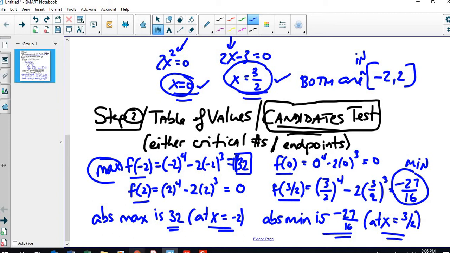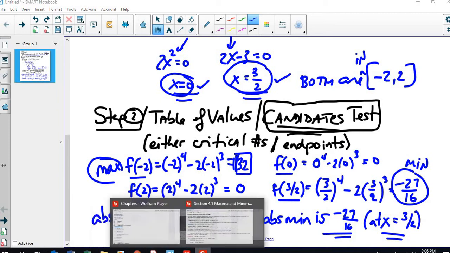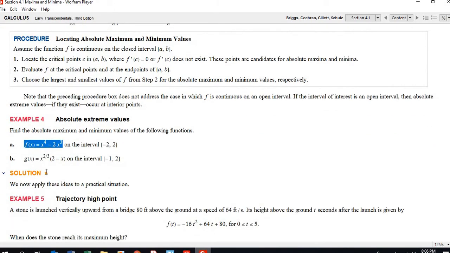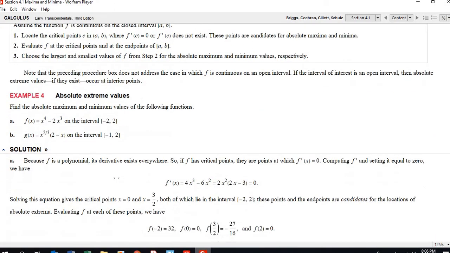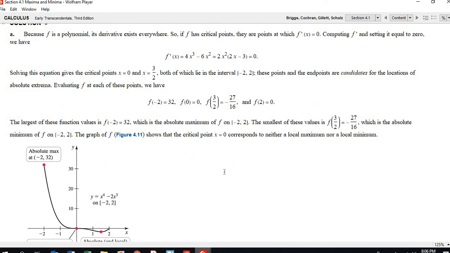If you go back and take a look at our problem again, here's problem A. Here's exactly how they did it. You can read it here on the page, and you can look through and check and make sure that I actually have the correct answer.